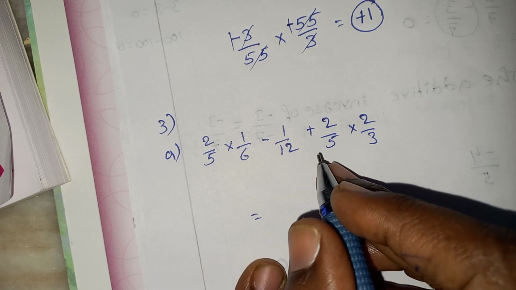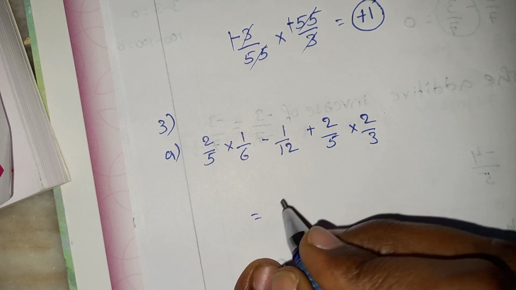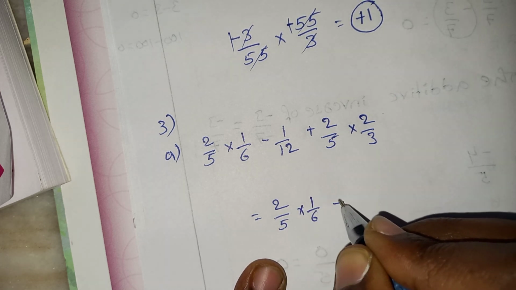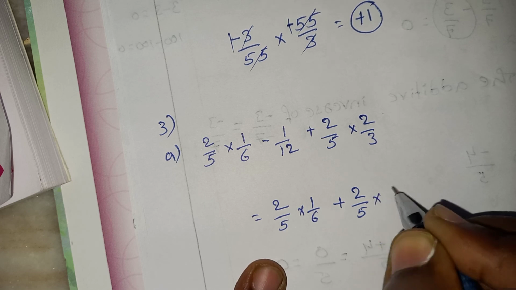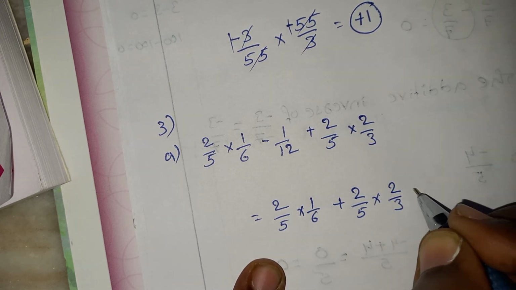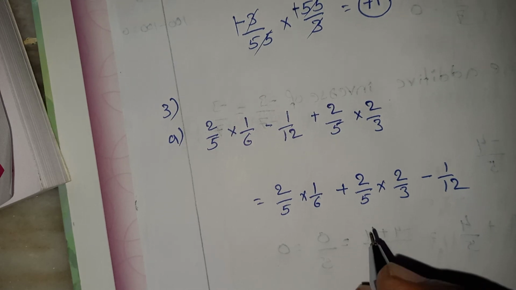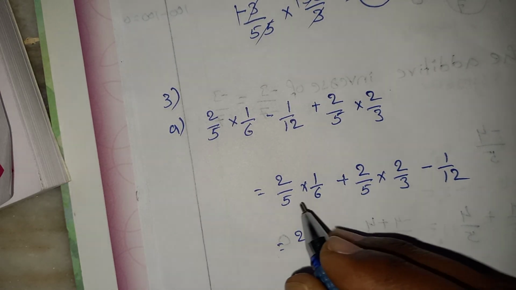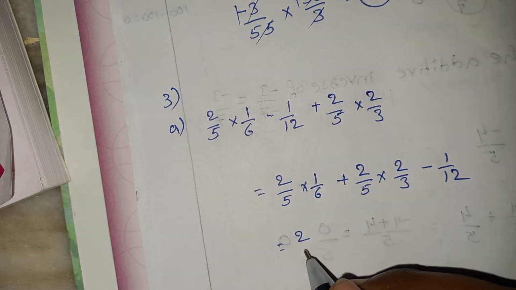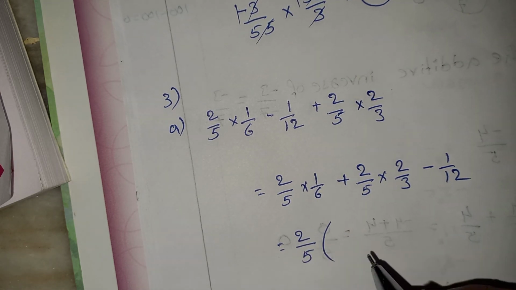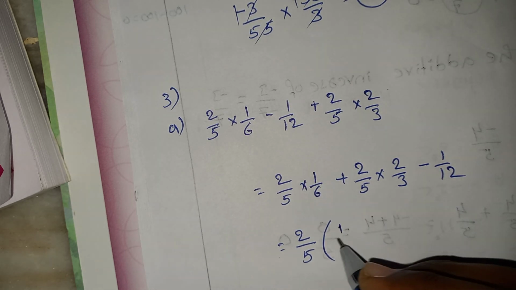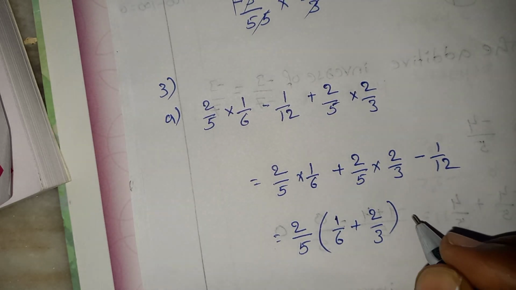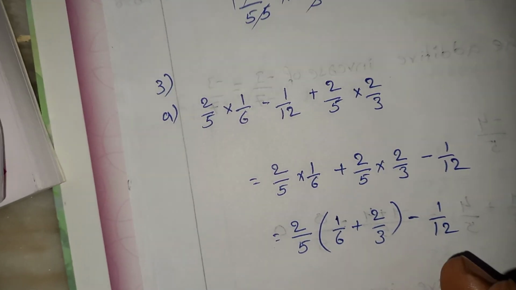First of all, let us keep all the positive signs on one side and the negative signs on another side. 2 by 5 into 1 by 6 plus 2 by 5 into 2 by 3 minus 1 by 12. Hope you understand now. This is the distributive property. So here 2 by 5 and 2 by 5 is common. So I am taking 2 by 5 as common: 1 by 6 plus 2 by 3 minus 1 by 12.